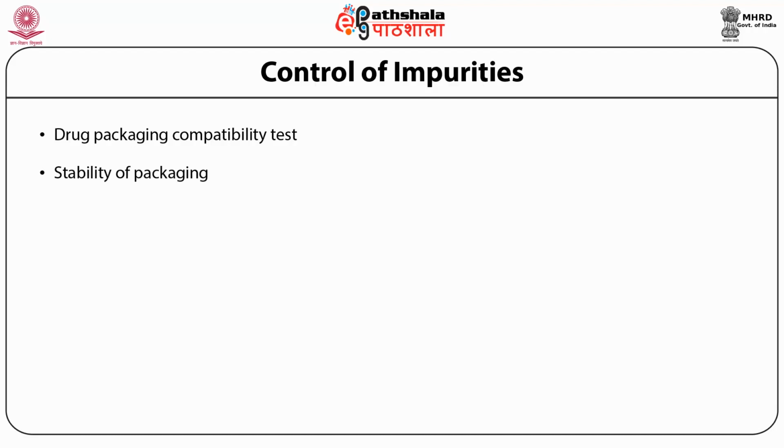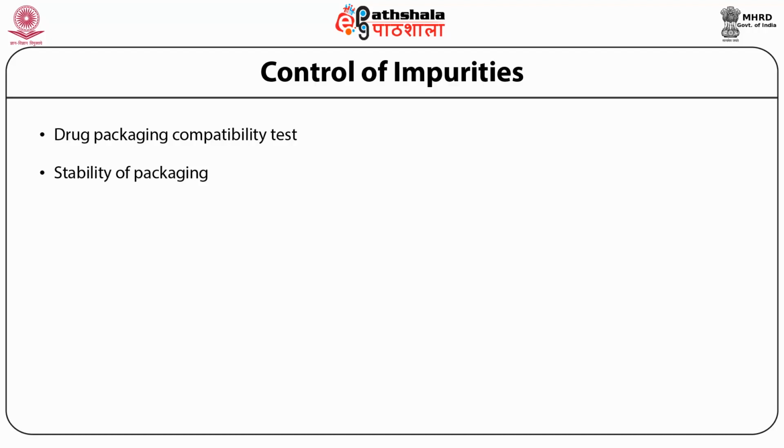So for example, we know there are various types of polymers. In case of plastic as a packaging material, they are existing. So everybody should know the composition of that polymer, and in drastic conditions what type of impurities may be caused by that packaging material. And another way, he should know how to make that preparation stable.